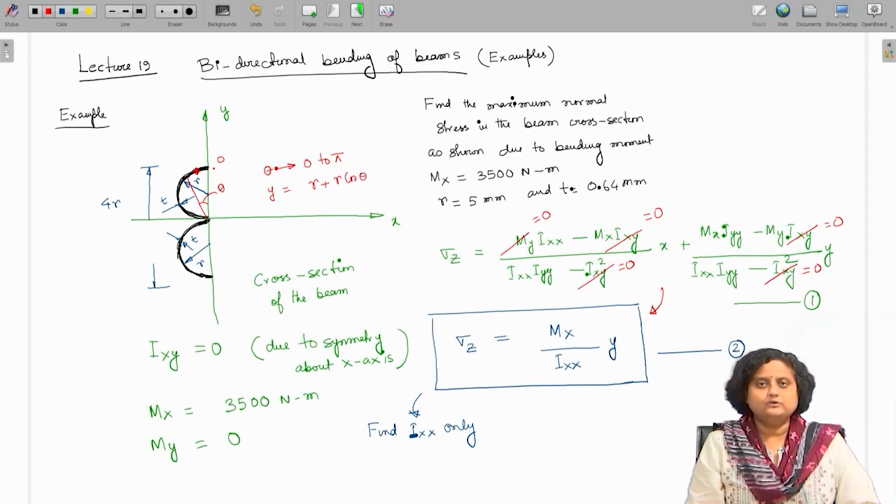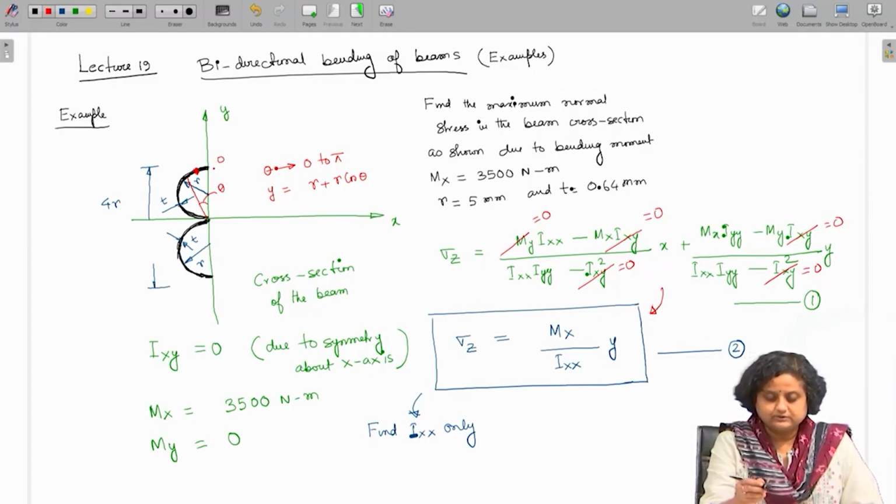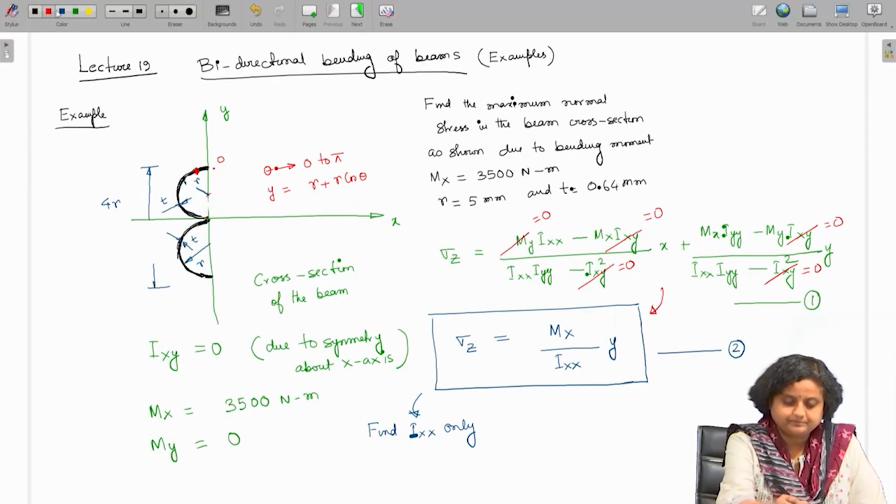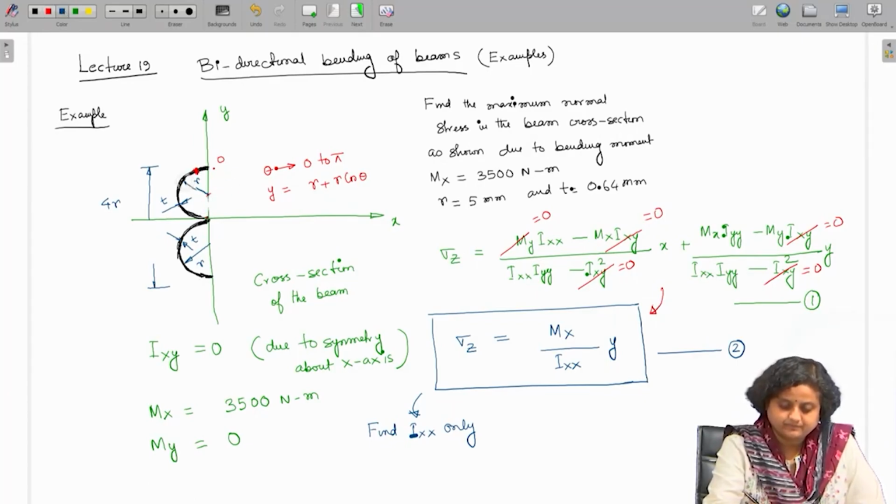It is always going to be r plus r cos theta. This is the angle that we are talking about.